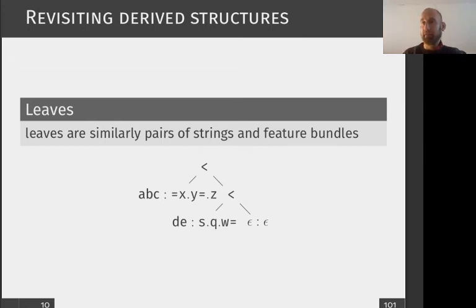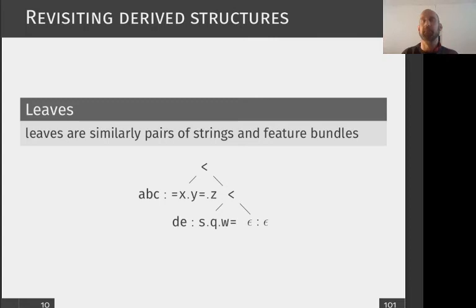I'm going to write this pairing of information down by separating the morphophonological part from the feature bundle part by a colon. So here in this tree, the leftmost leaf is a lexical item, a pair of a string and a feature bundle. The string is ABC, and it's separated from the feature bundle by a colon. No reason other than to separate these two things visually without having to put angled brackets and a comma.